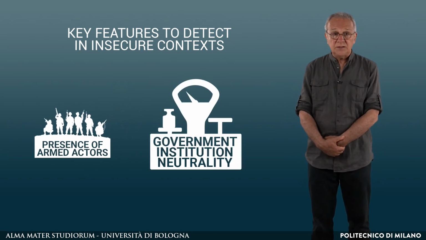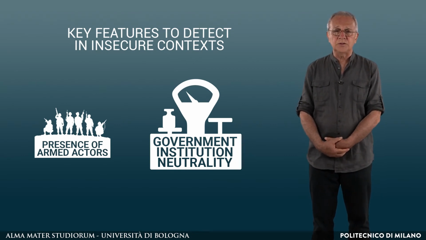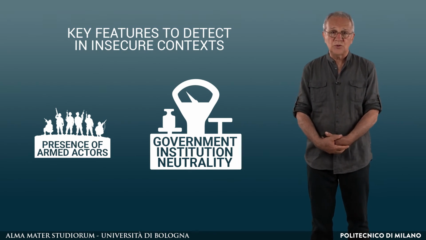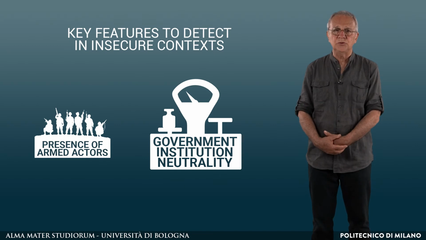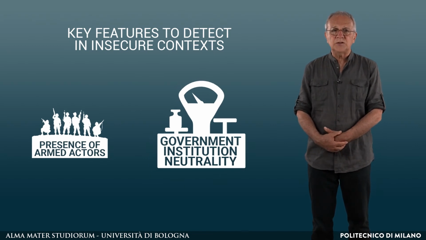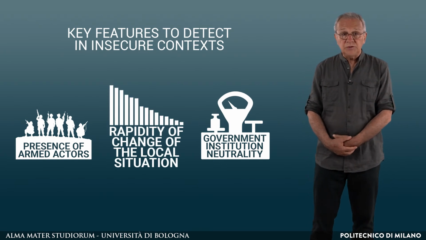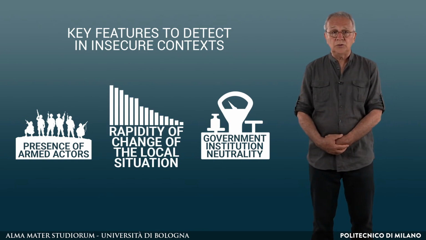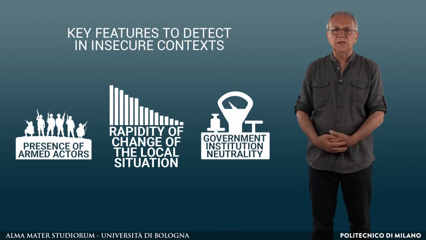Another is the different extent, if any, to which the government or indeed the institution you are working with is involved in the conflict. This may pose a challenge to your ability to maintain a real and perceived neutrality and to be seen as impartial and independent. Finally, there is the rapidity of change of the local situation, which may be marked by unpredictable events, resulting in increased and changing needs.